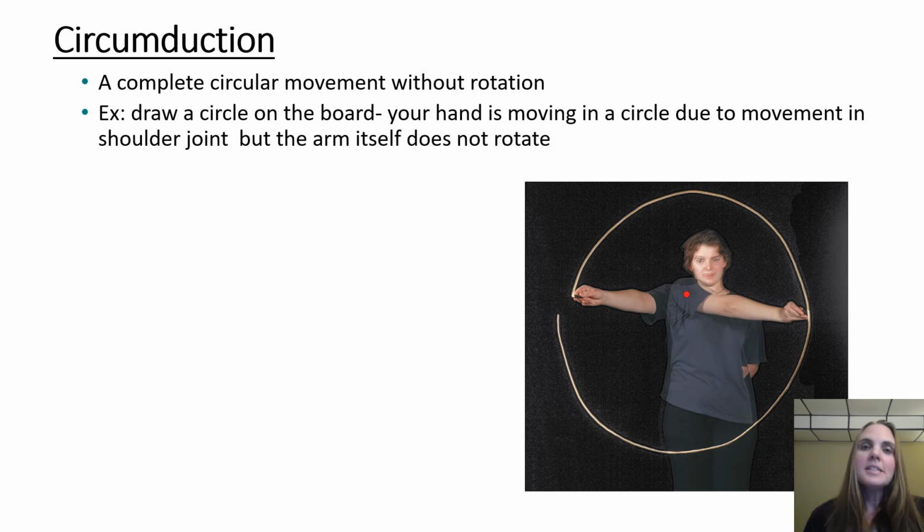So where we see circumduction within our body, that complete circular movement without rotation, is if we were to draw a circle on the chalkboard with our shoulders. So try taking your arm and moving it in a complete circle. That's circumduction.